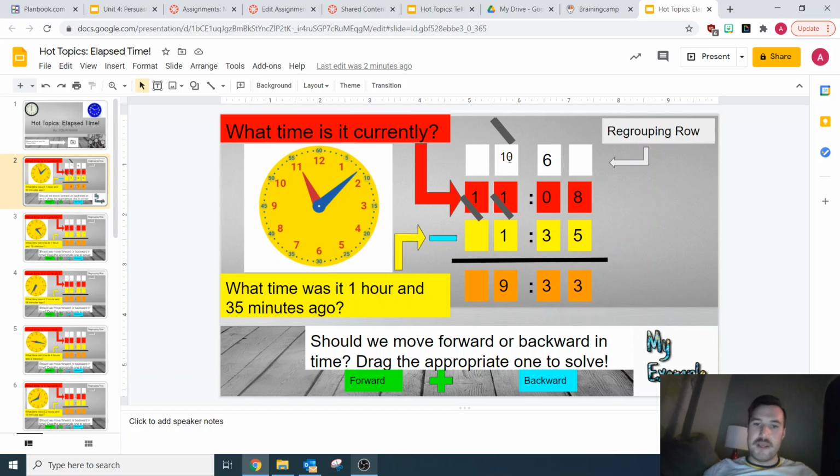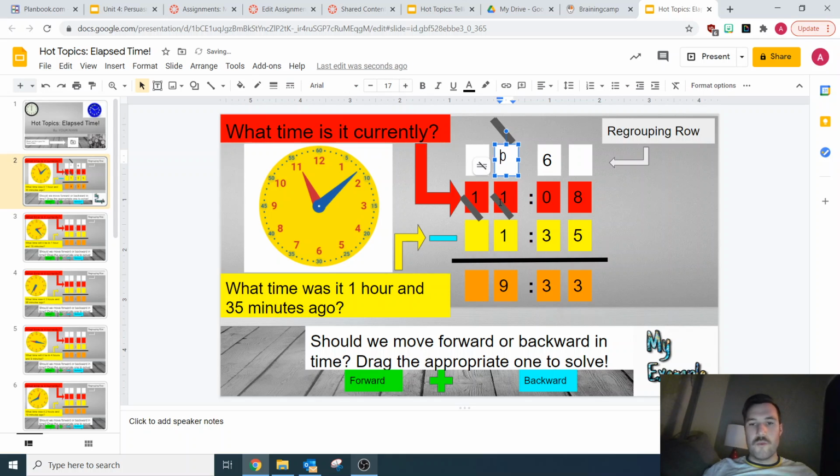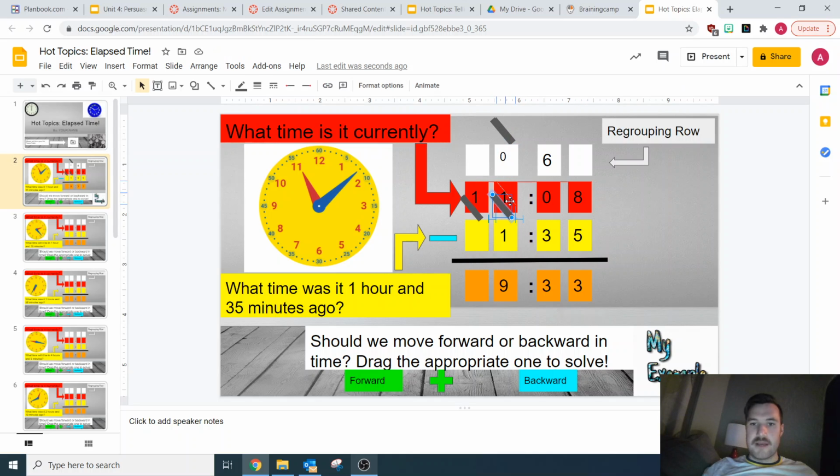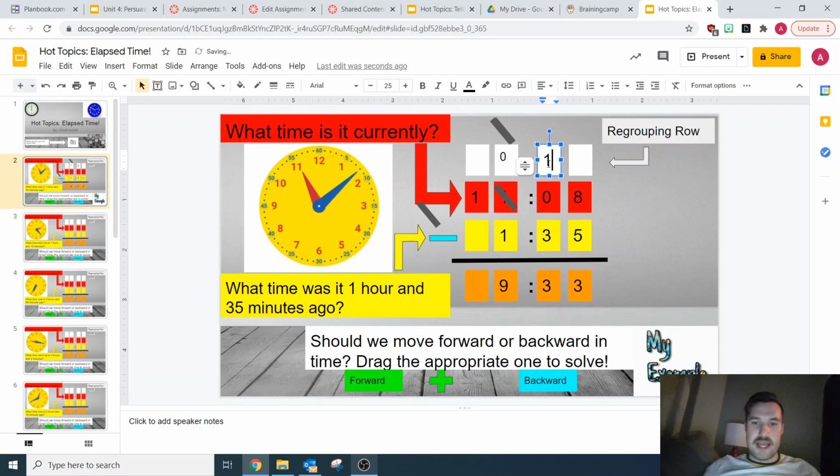So when I regroup here, I regroup that 1 hour, and that becomes 0 hours. So I put a 0 up here, and then I'm taking 1 hour from here, and it becomes 60 minutes. So I'm not going to put a 10, I'm just going to put a 60. So now 60 minus 30 is 30.